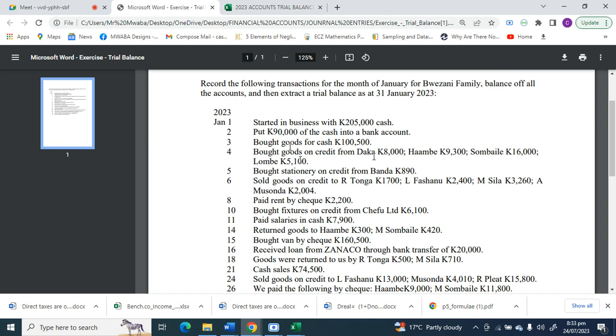So if you want, you can open individual accounts for these people. Each of them will have credit balances. In this case, because I saw there were more transactions involving some of these guys separately, you just have to open each of theirs.